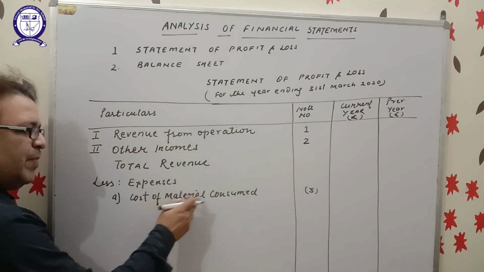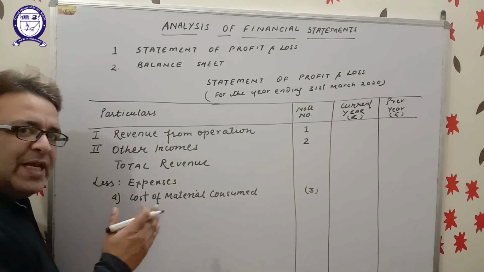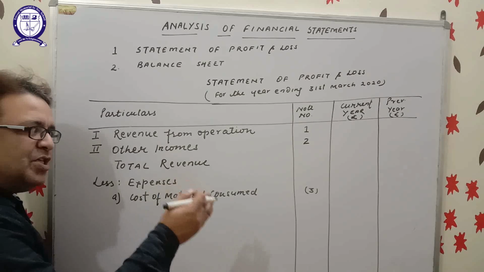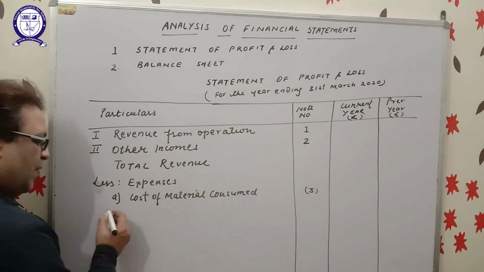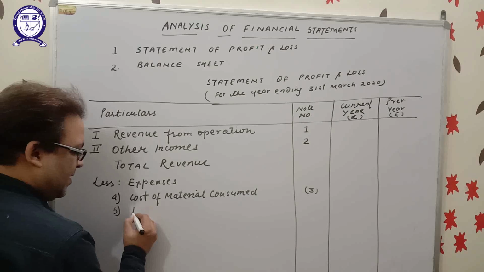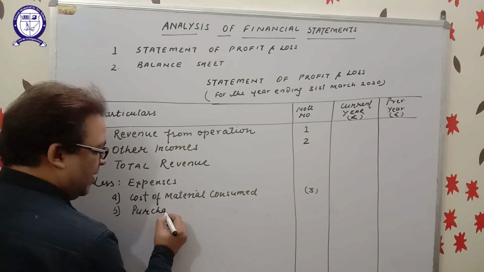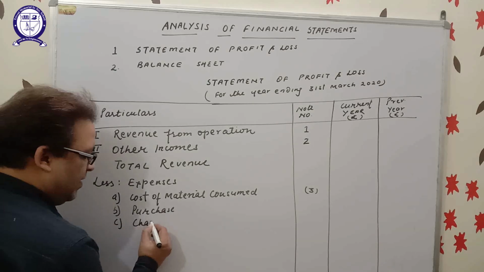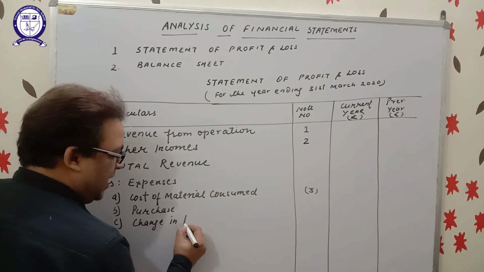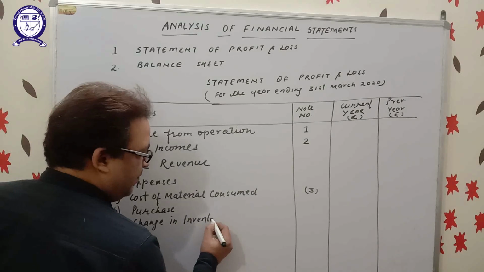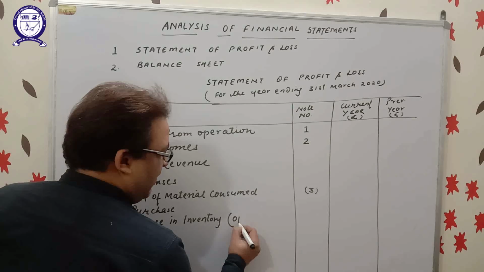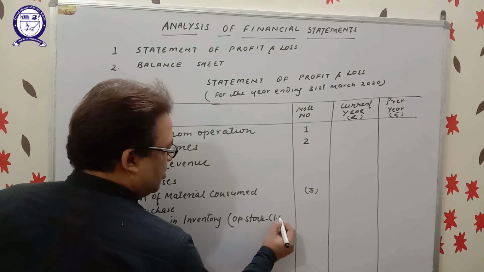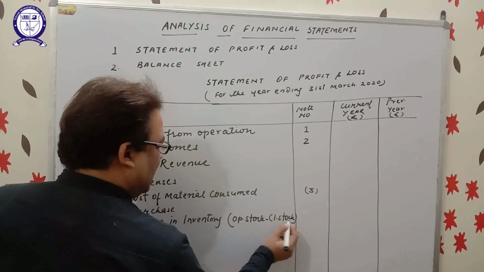The formula of cost of material consumed is opening stock of material plus purchases of raw material plus carriage inward minus closing stock of raw material. Next, purchase. If purchase of finished stock is given, change in inventory. Point to remember, we have to write here opening stock minus closing stock. Opening inventory minus closing inventory.